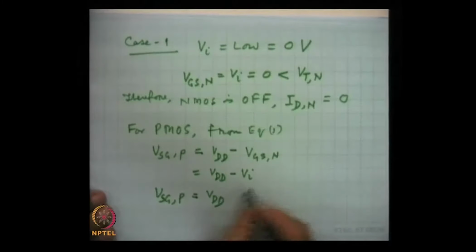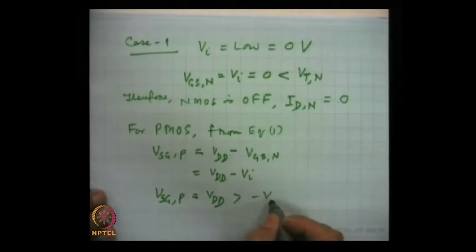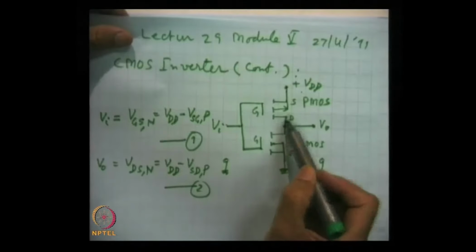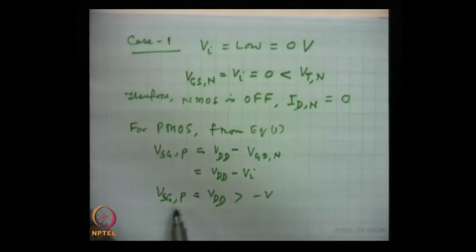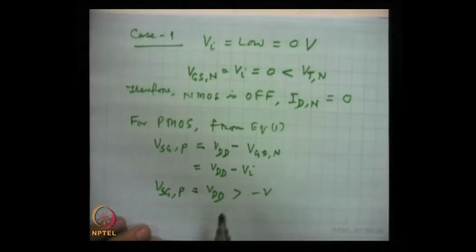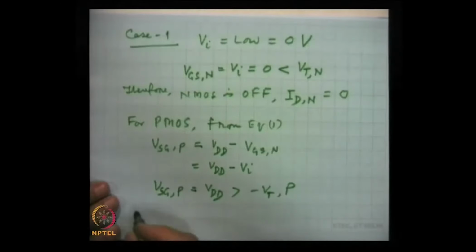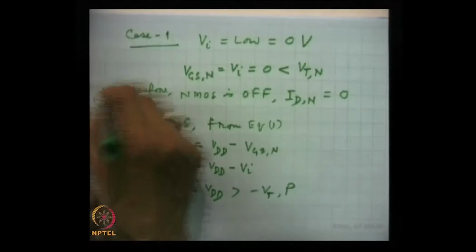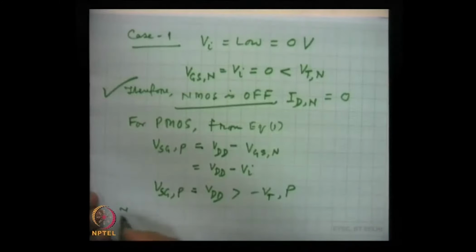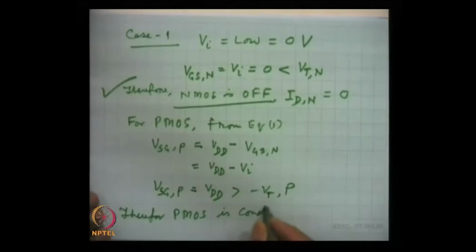This is greater than the threshold voltage because of the way it is connected: the drain is here, the source is here. So when VSGP is equal to VDD, it is greater than VTP, and therefore, while the NMOS was off, the PMOS is conducting. That means it is on.